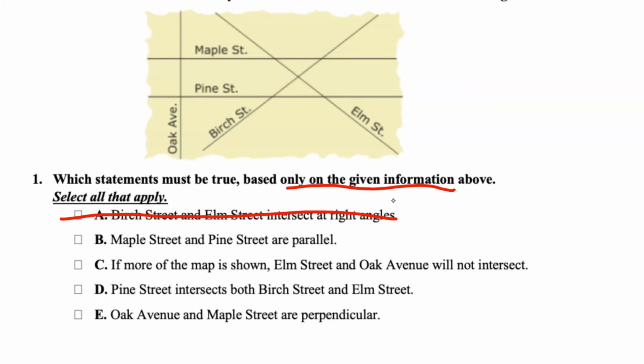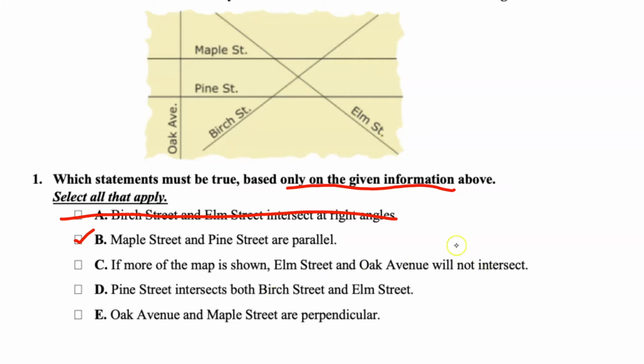Maple Street and Pine Street are parallel. Well, since they told me Maple Street and Pine Street run exactly east to west, they must be perfectly horizontal, therefore they're parallel. If more of the map is shown, Elm Street and Oak Avenue will not intersect. Well, here's Elm Street, here's Oak Avenue. Since they're not parallel, they'll automatically intersect at some point, whether the map is shown.